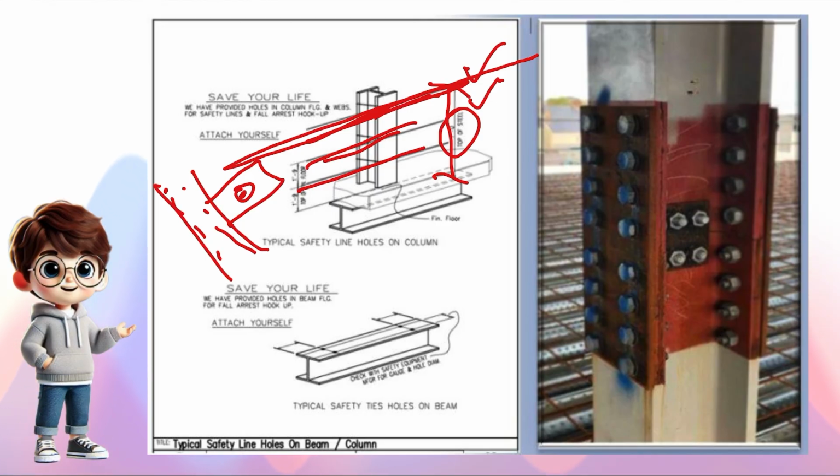He will have a belt and one rope with two buckles at both ends. One buckle will be tied to the belt he wears, and the other buckle he will hook to this fall arrest hole, so that whenever he slips from the beam, it will prevent injury.